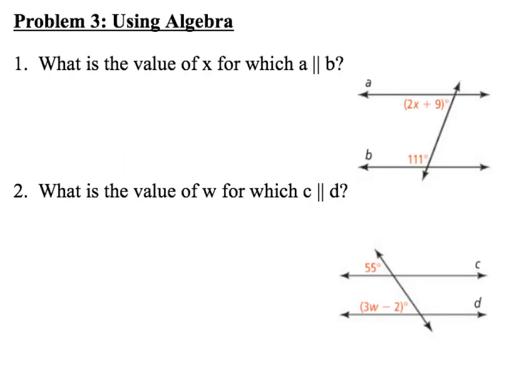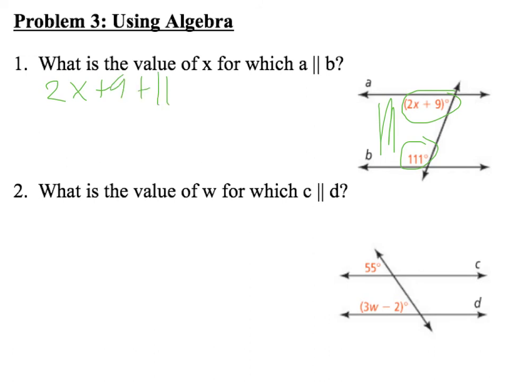Now I want to figure out what the value of x would be if I want to prove that A and B are parallel. First I have to decide what type of angles I have. Here are the two given angles. Since they're on the same side of the transversal and on the inside of the two lines, they're same side interior. And same side interior is the one that says the two angles add up to 180.